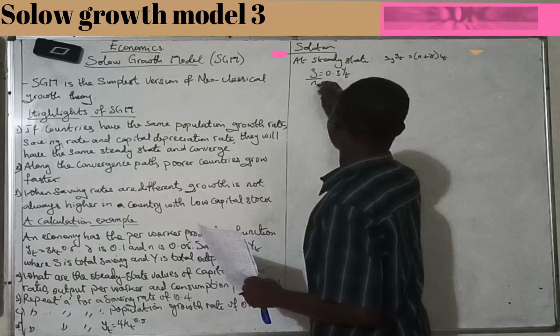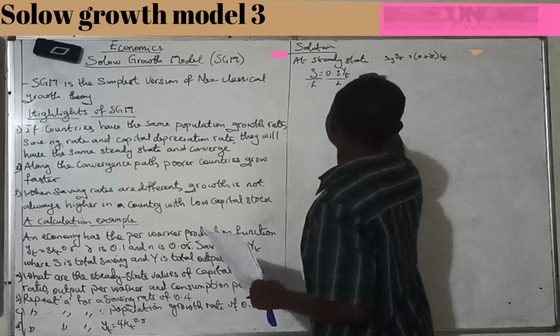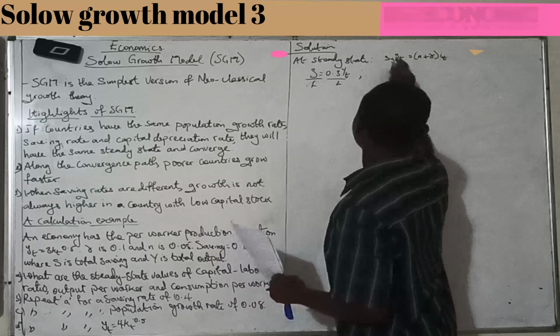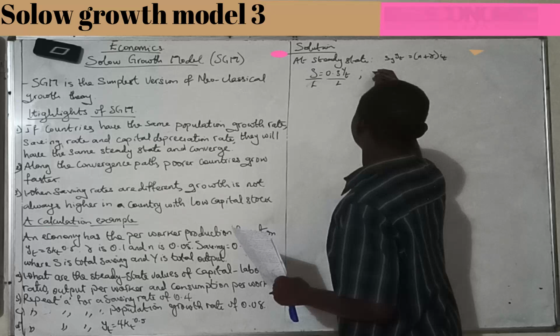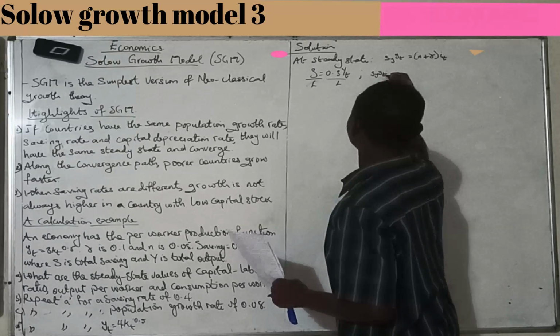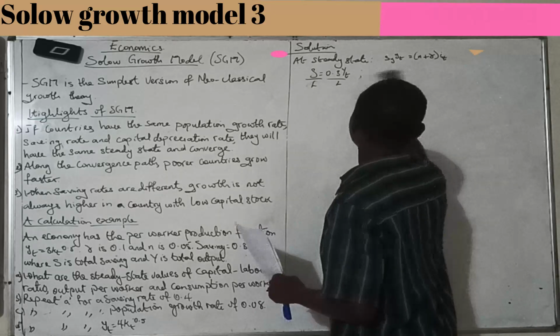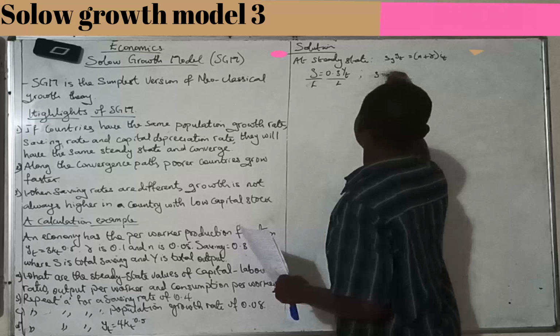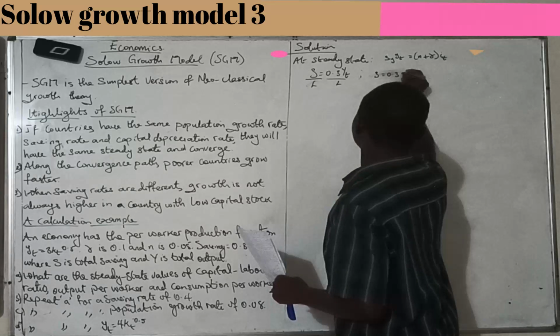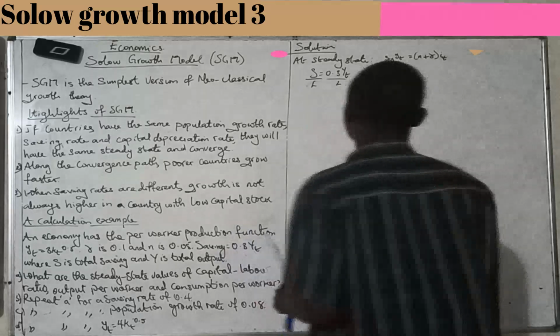So when we divide this by the number of workers, we have savings equal to 0.3 YT. This is the condition we have at equilibrium.